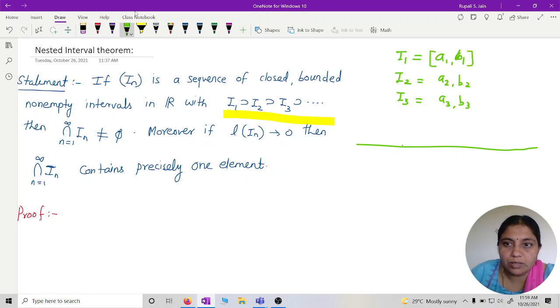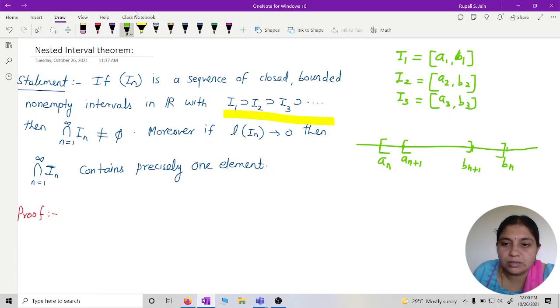Closed and bounded intervals. If An, Bn is here, then where will be An plus 1 and Bn plus 1? An plus 1 will be this side and Bn plus 1 will be this side. Closed and bounded intervals, decreasing intervals, right?